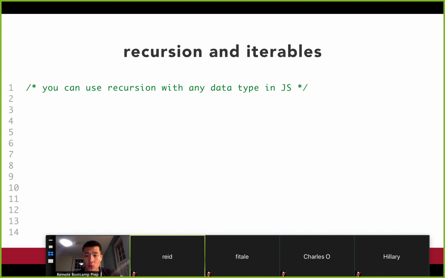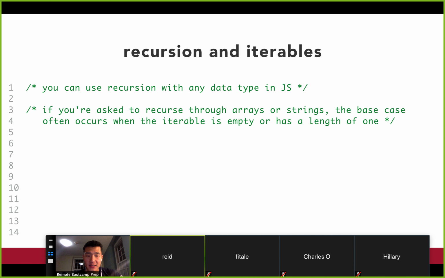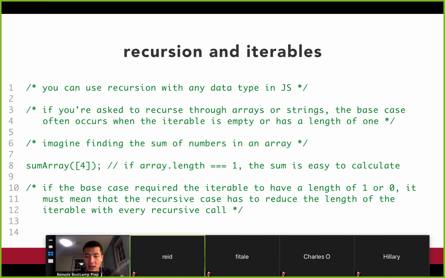Okay, so recursion can be used with any data type in JavaScript, although it's most commonly used for arrays or strings. If, for example, I want to find the sum of all the numbers in an array, a for loop, once again, works perfectly fine, right? A for loop is actually a great way for us to add up all the numbers in an array.